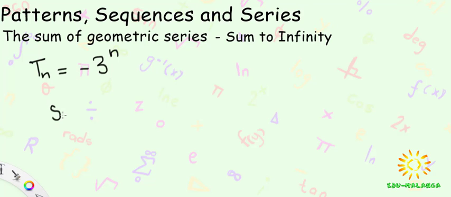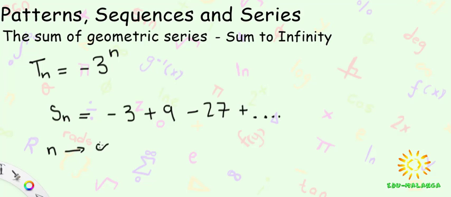Again, it will be Sn is equal to -3 to the power of 1, that'll be -3, -3 squared, that will be plus now 9, -3 to the power of 3, that will be minus again 27, and it will keep on going. So again, when our n tends to infinity, as our n is growing, our term number is also tending to infinity, so we also still have divergence.